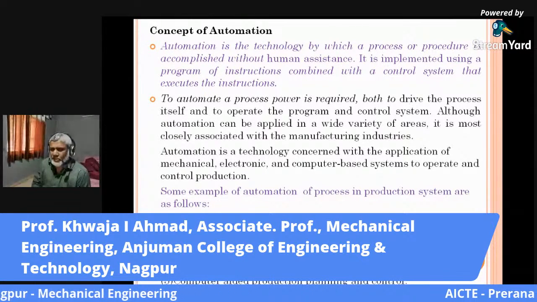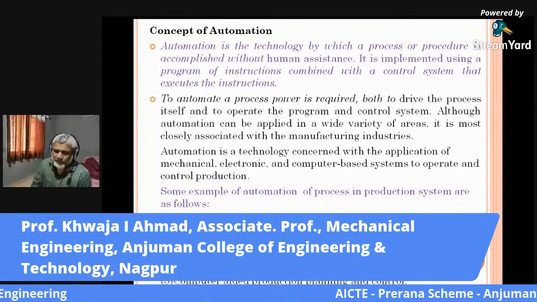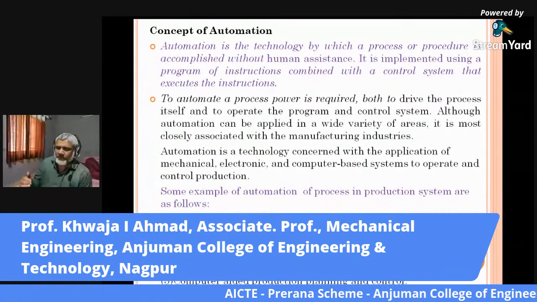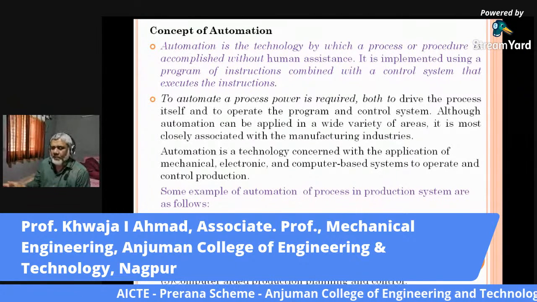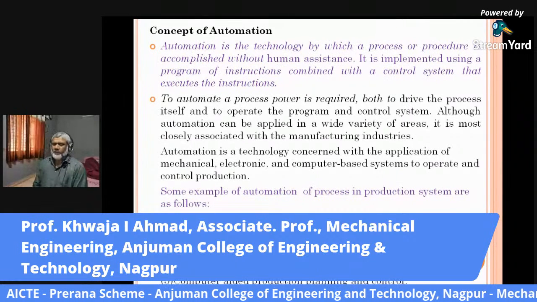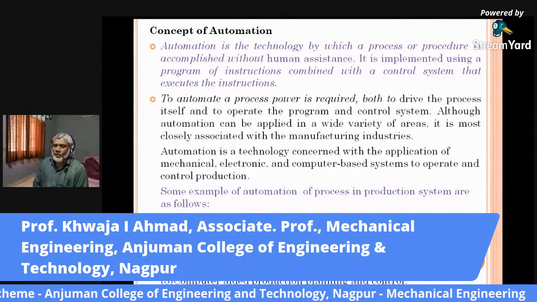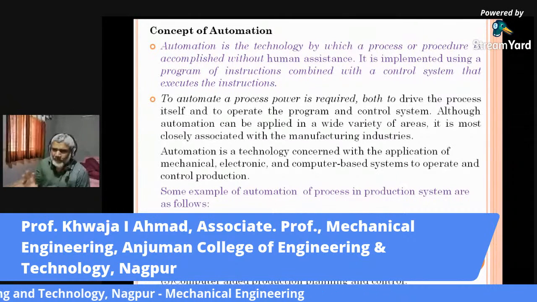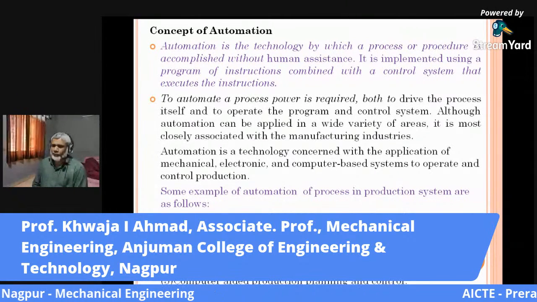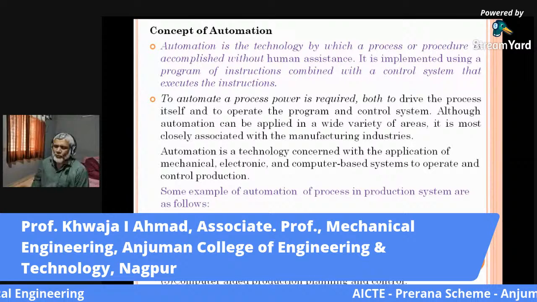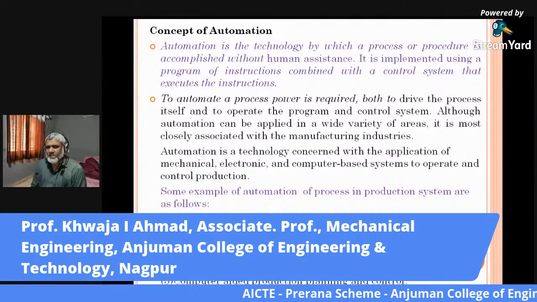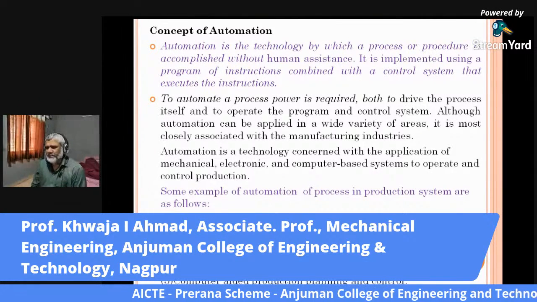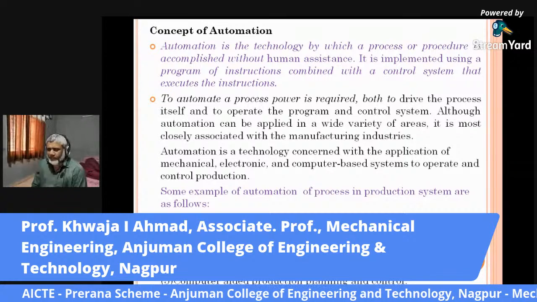So instead of a human operator controlling the movement of the machines, those are being controlled by a machine control unit, MCU, and you are required to feed the program of instructions to the MCU to control the movement of the CNC machine tool. Similar is the case with automatic assembly machines.